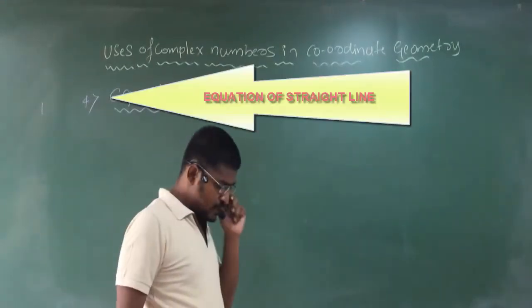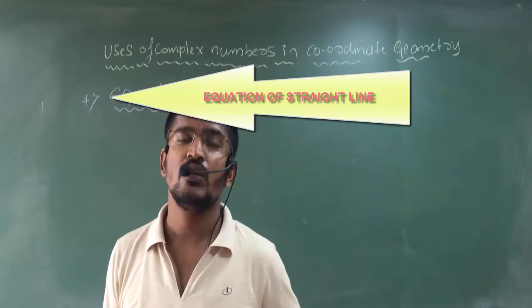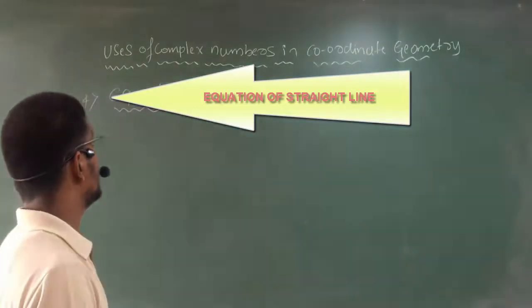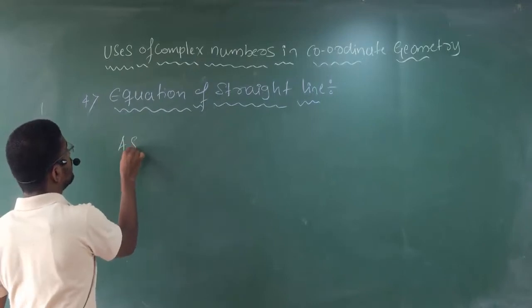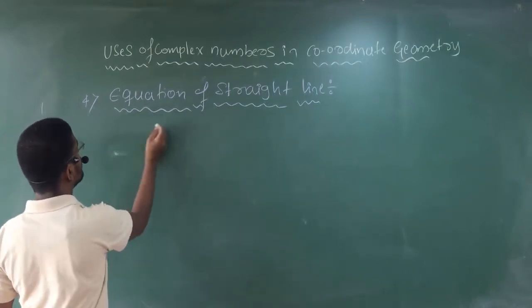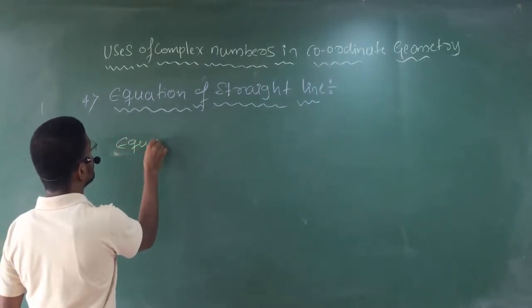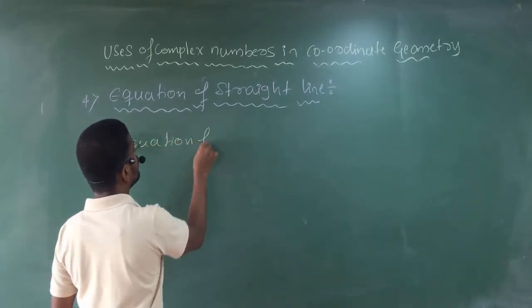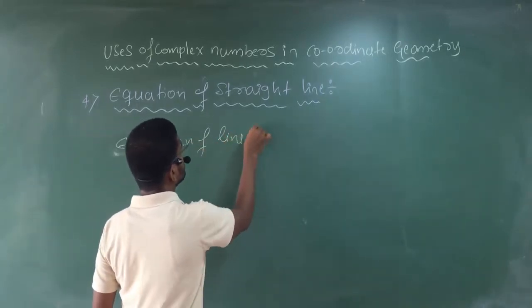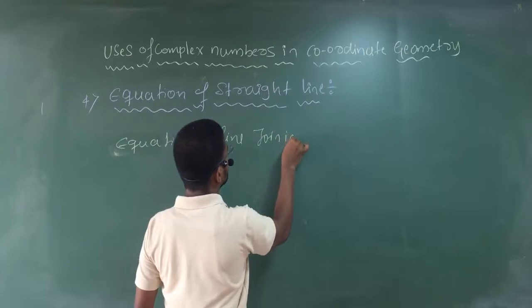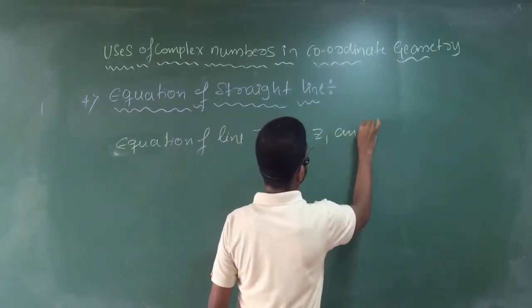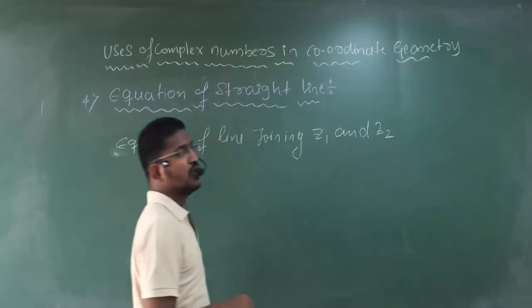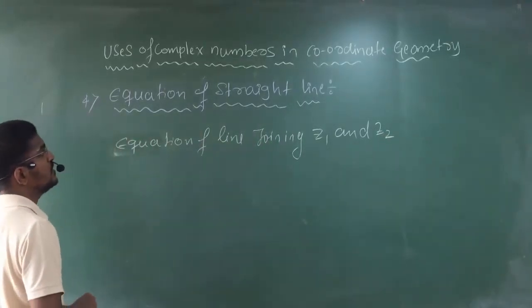Now let us go for the equation of a straight line, that is, the equation of the line joining Z1 and Z2.